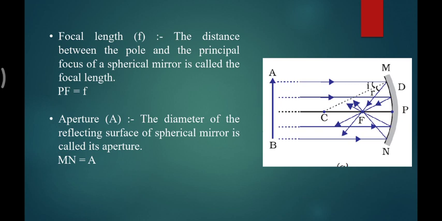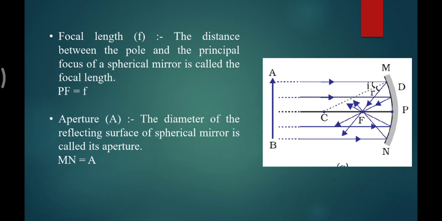One last term associated with this concept is aperture. Aperture means the diameter of the spherical surface. In the figure you can see that the distance from M to N is named the aperture. The bigger the reflecting surface, the bigger the aperture.